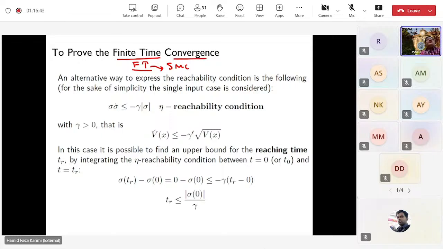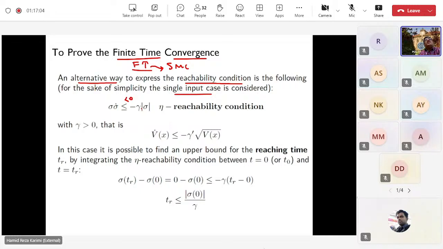One alternative way to express the reachability condition is the following. For the sake of simplicity, the single input case is considered. So sigma dot should be negative, right?